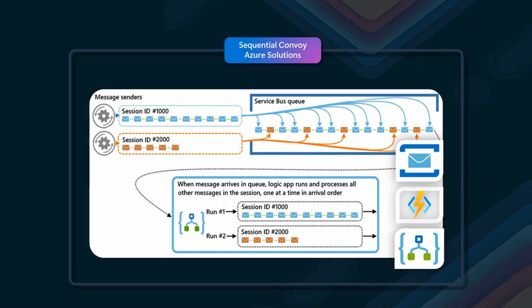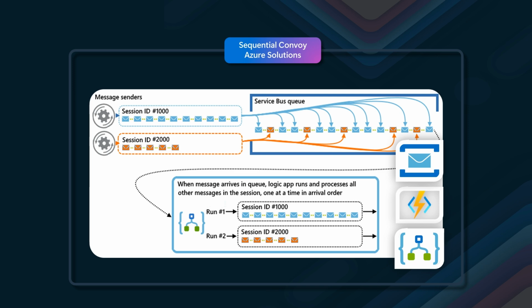Microsoft Azure's robust infrastructure supports scalable processing, allowing the system to handle increasing loads by distributing the processing across multiple instances. Azure Service Bus provides reliable message queuing and delivery, ensuring that no messages are lost and that the order is consistently maintained.